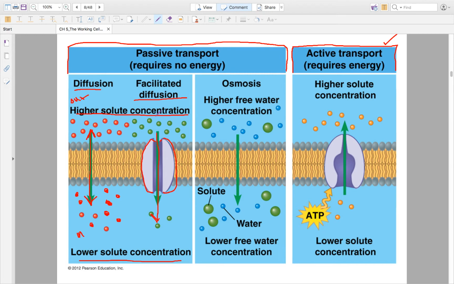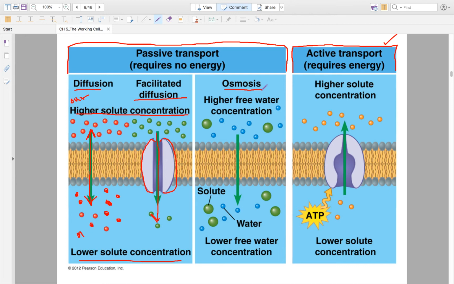All right, now let's look at the next thing: osmosis. Osmosis is very specific and very special because it is talking specifically about water. So water moves as well. Water will always move towards the higher solute concentration.